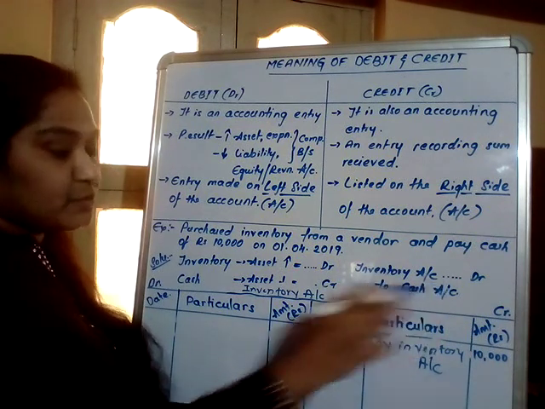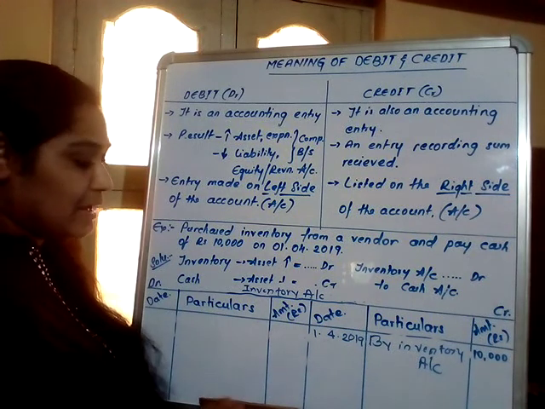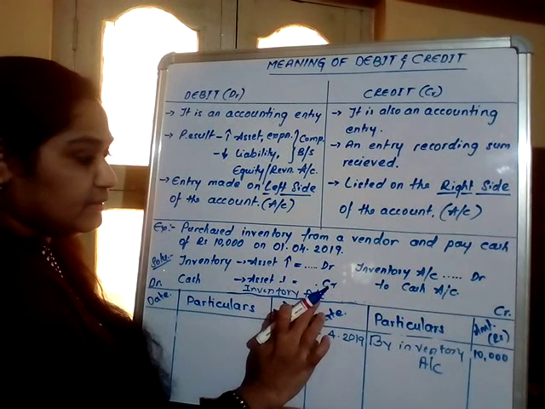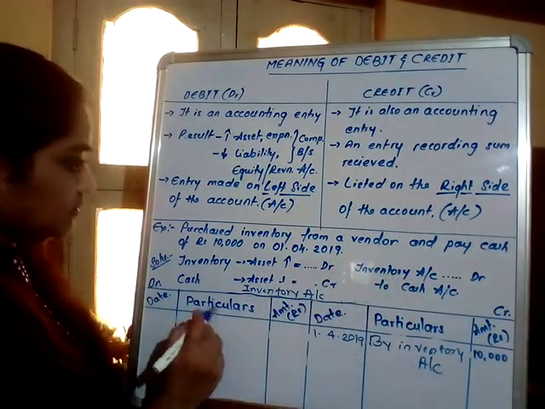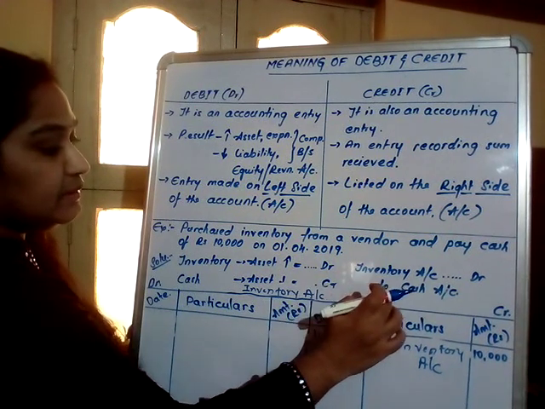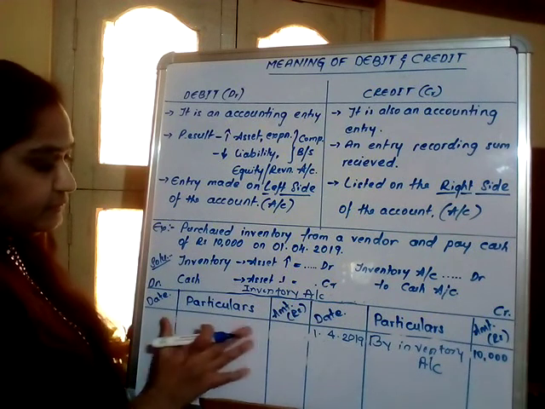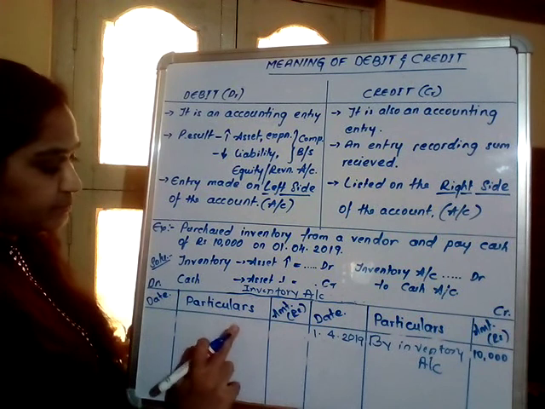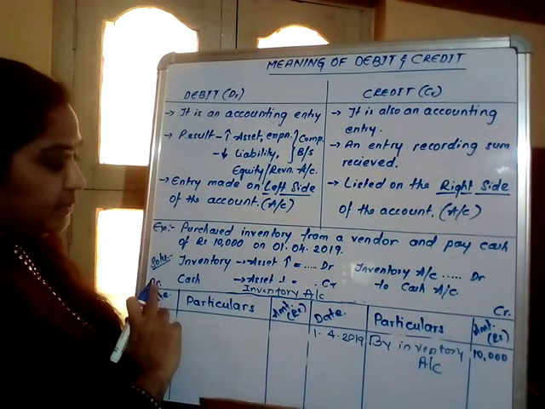The same thing, if we post it into the ledger account, what will happen? For example, consider the inventory account. In case of an inventory account, the cash account will be debited. See here, we will post it in this way, in the format of date, particulars, amount, with debit here and credit here.